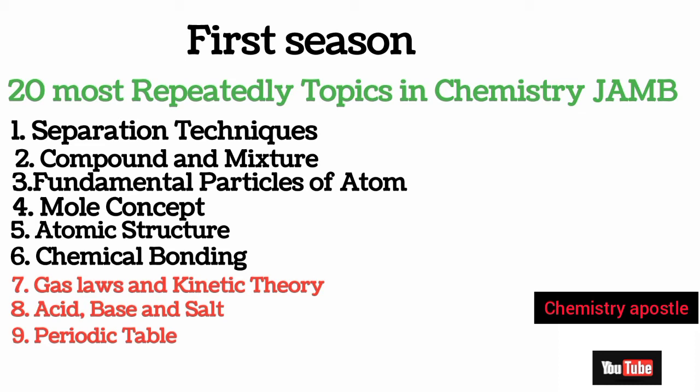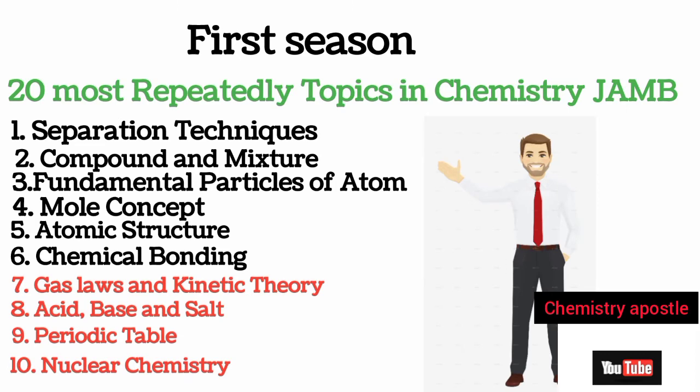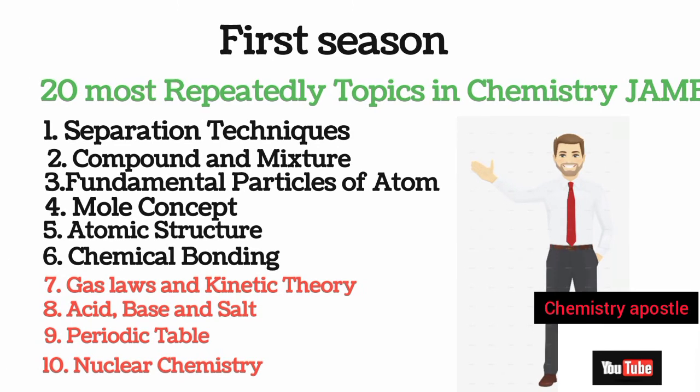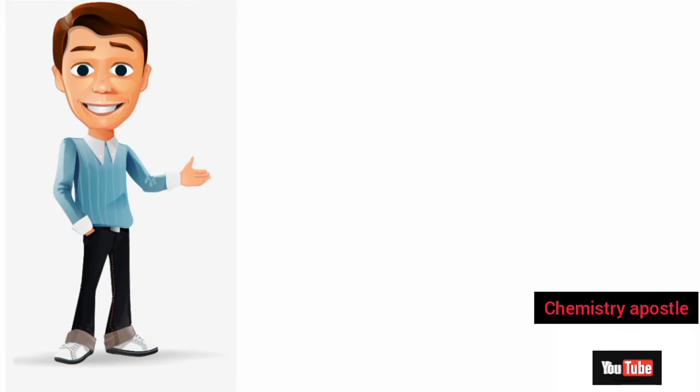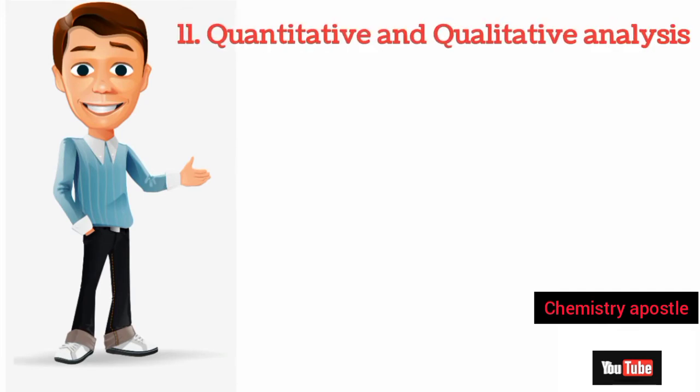Then periodicity, also properties of elements in the periodic table. Then nuclear chemistry. Nuclear chemistry talks about radioactivities. Now, all these topics, there are questions under them that you can actually go through.